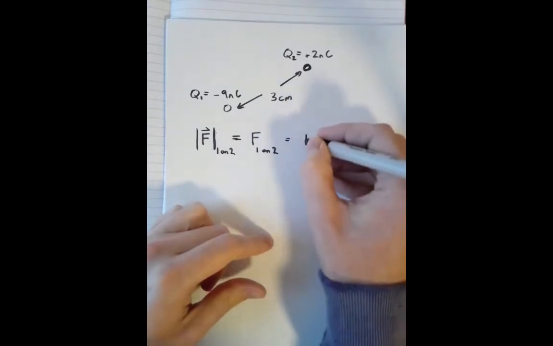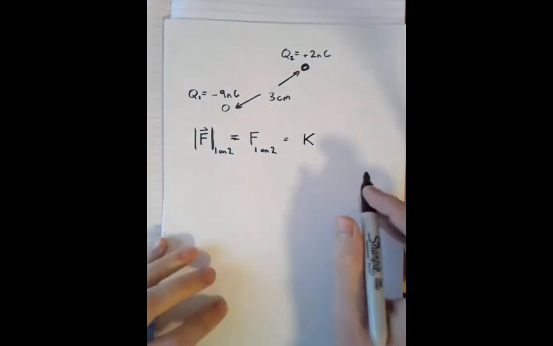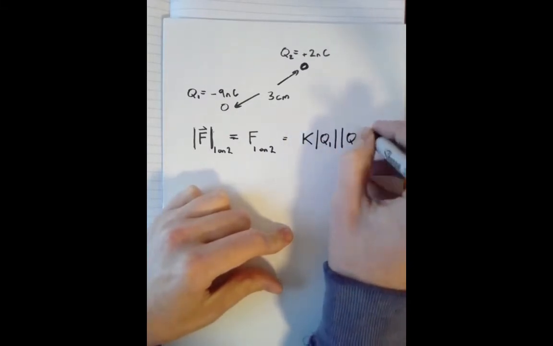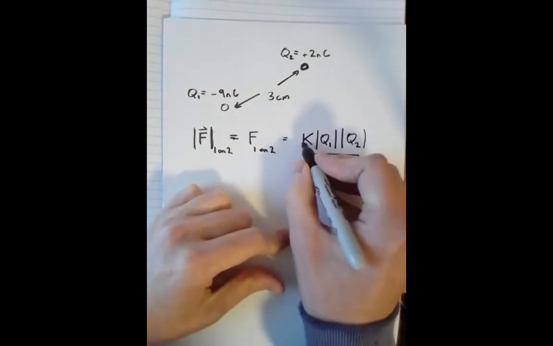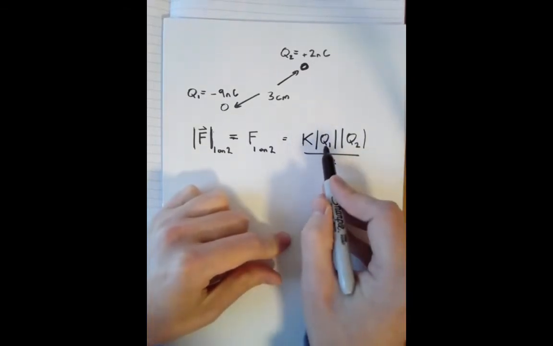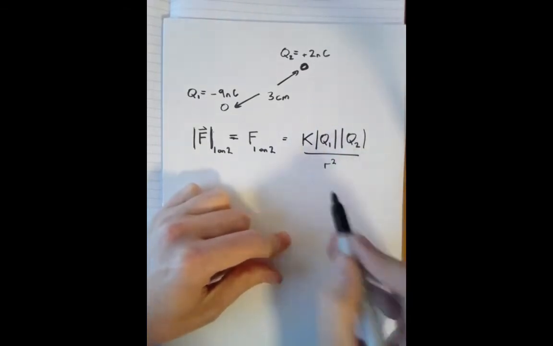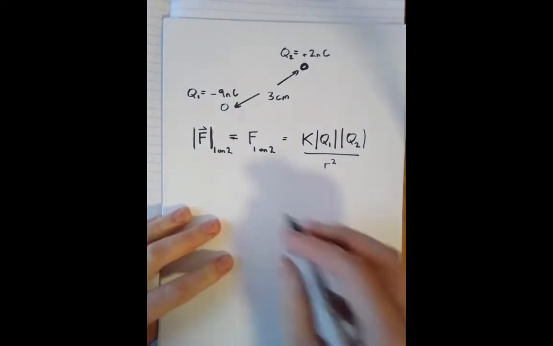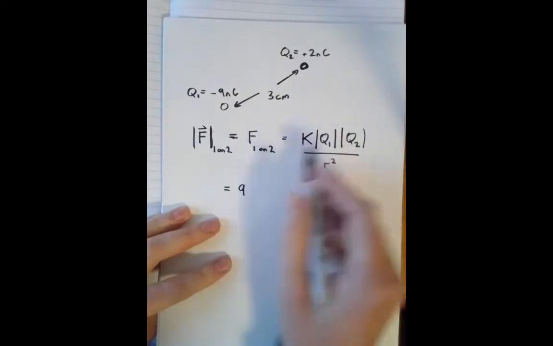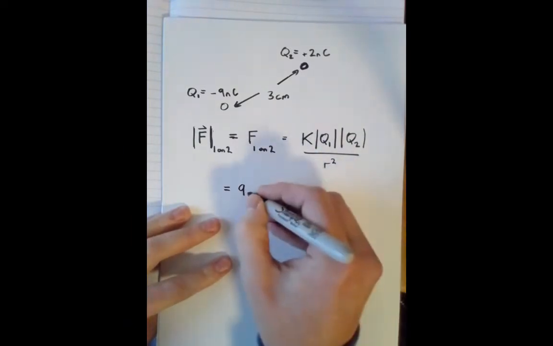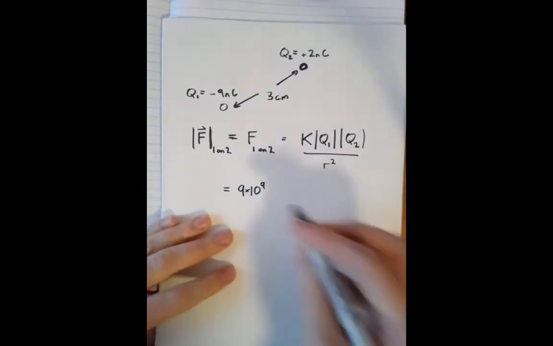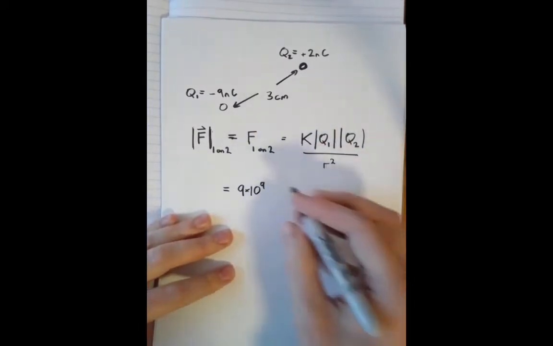Okay, so when you're dealing with the magnitude of the force, then you should always write down the magnitude of the charges in the equation for Coulomb's law. Okay, so it's Coulomb's constant K times the magnitude of Q1 times the magnitude of Q2 over little r squared. Okay, what does this mean? Well, let's write in the numbers. We've got 9 times 10 to the 9 newton meter squared per coulomb squared for Coulomb's constant.